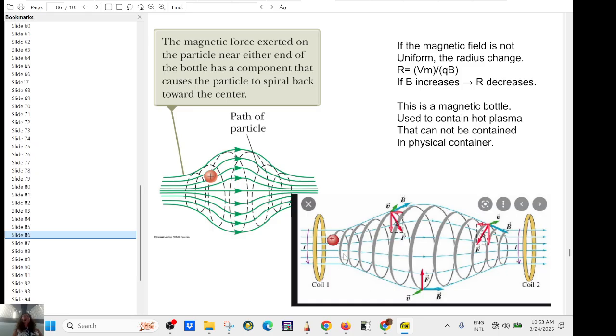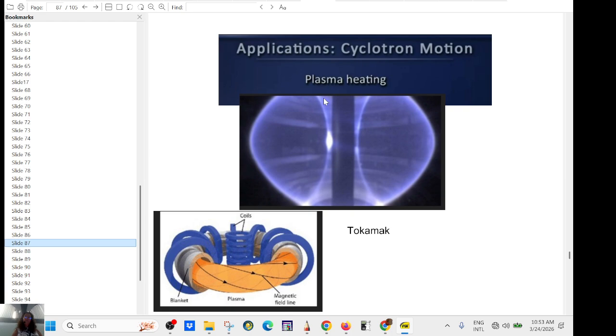A plasma means the electrons have been stripped off. Say you have hydrogen, and you can keep them here thanks to that magnetic field. The application would be, for example, a tokamak. You keep the plasma trapped inside, and then you can use that to have fusion happening. So it's a way to keep the plasma confined.